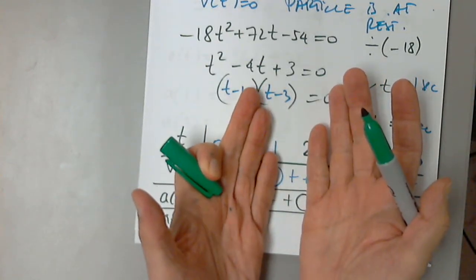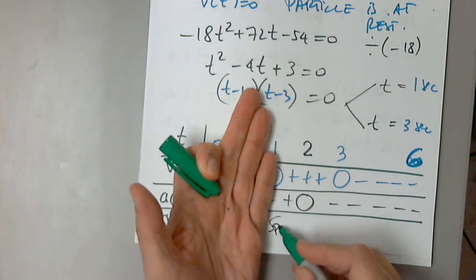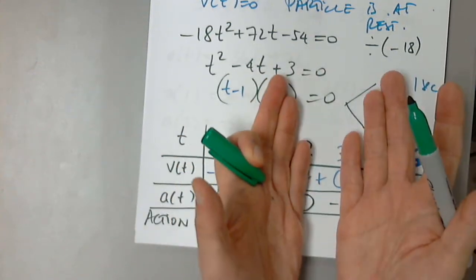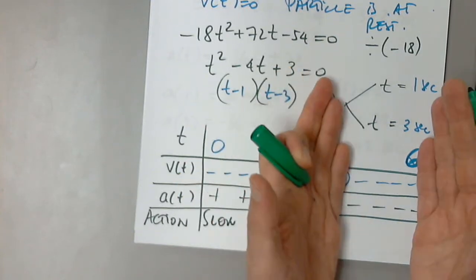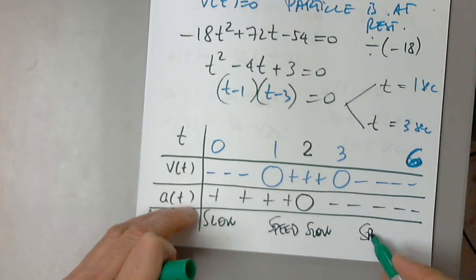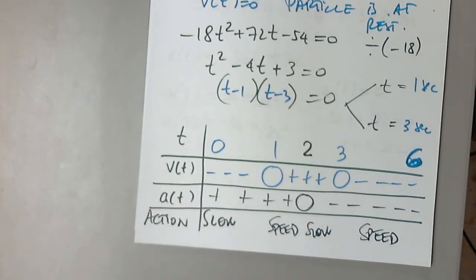Now they are helping one another. Now they're not. And now they are. I didn't have enough room to write, so we should have written slowing down, speeding up, slowing down, speeding up. So please correct that, put that in.